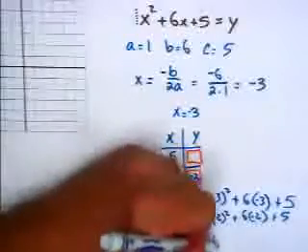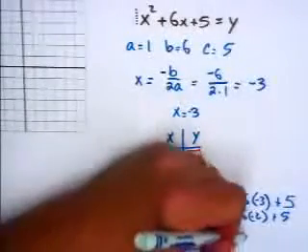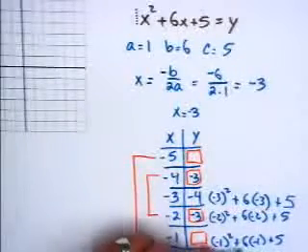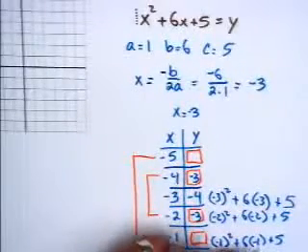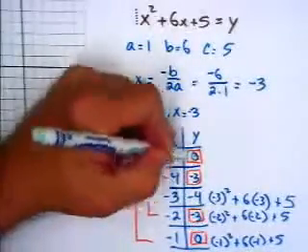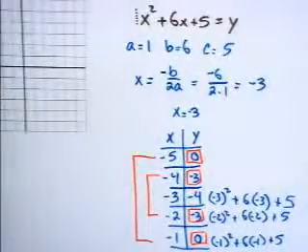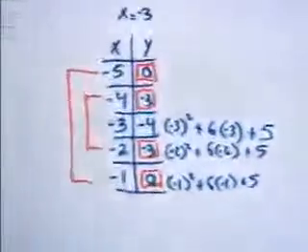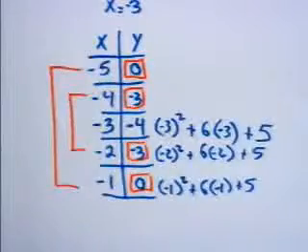And negative 1: negative 1 squared plus 6 times negative 1 plus 5. 1 plus negative 6 is negative 5, plus 5 is 0. And that's going to be 0. So zoom in on this for a second so you can see what I did.